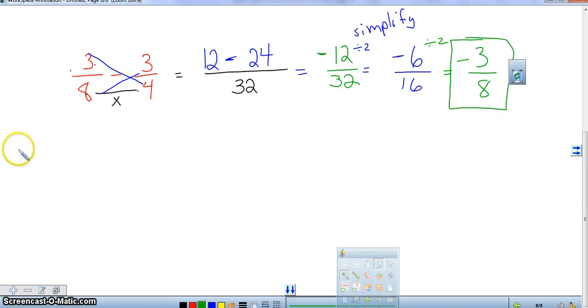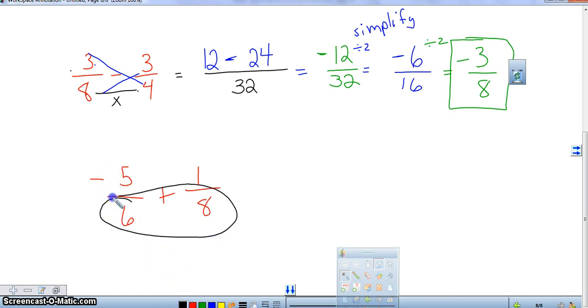All right, what about this one? What if I put negative 5 over 6, and just always put the negative in the top, plus 1 over 8. Let's try this one. If I do this, I have different denominators, so I still have to multiply.